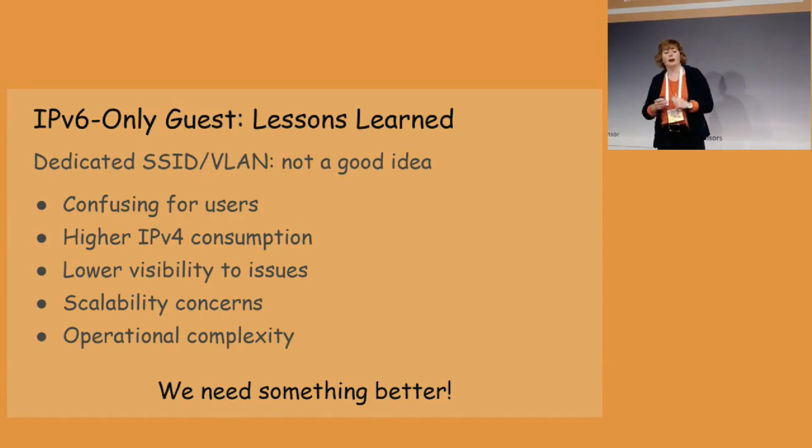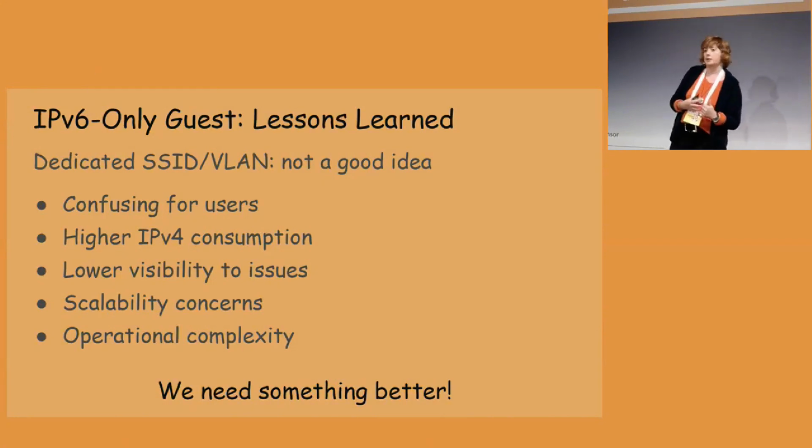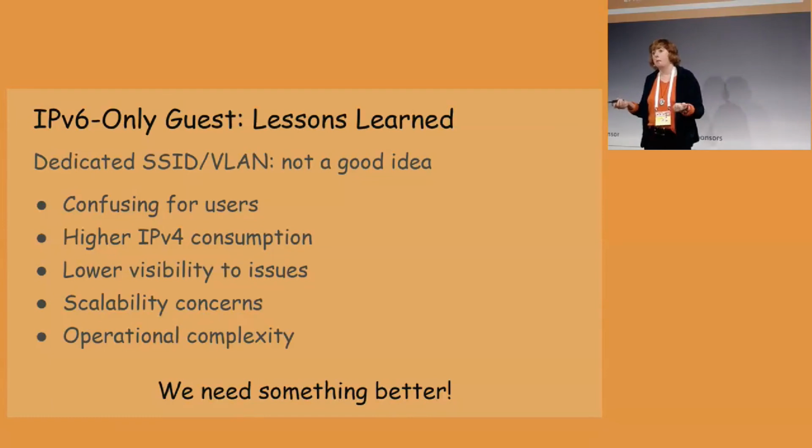But we found out that having a dedicated v6-only network segment and a dual stack network segment is not a good idea. It's very confusing for users because users come on site, see different SSIDs, and pick one at random. As a result, they sometimes connect to the dual stack SSID, even if the device can actually work perfectly fine on v6-only.